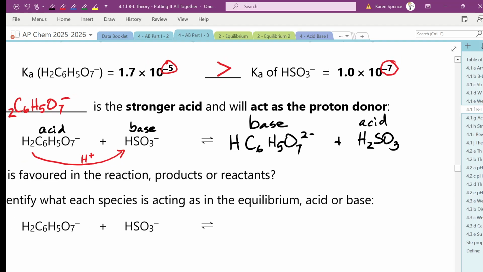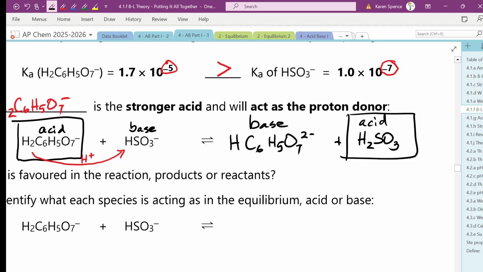You're going to say, I have 2 acids. When you have 2 amphiprotic substances, first you have to say which one is stronger, so you know who acts as the acid and the base. Then you have to say, who's the acid in the reactants, who's the acid in the products, and which one of those is the stronger acid.